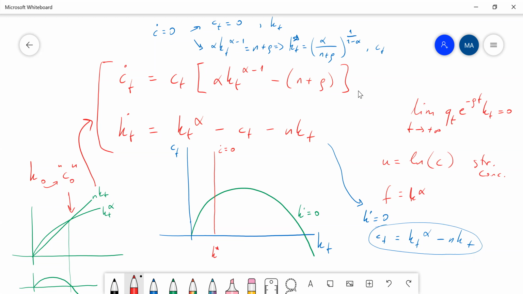And K star here is equal to, again, alpha divided by m plus rho, to the 1 over 1 minus alpha. Okay? So this part is not really a solution, right? So we cannot say it's a steady state.